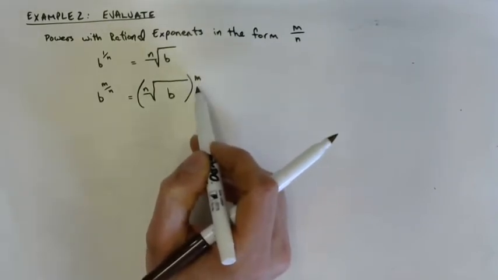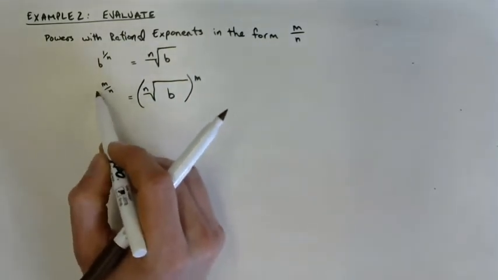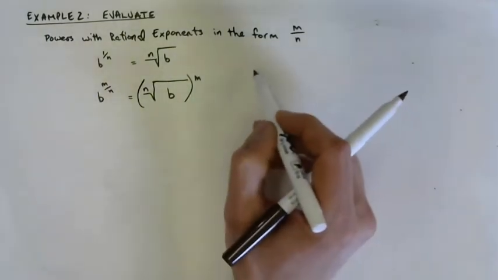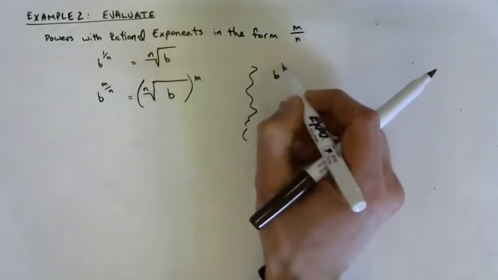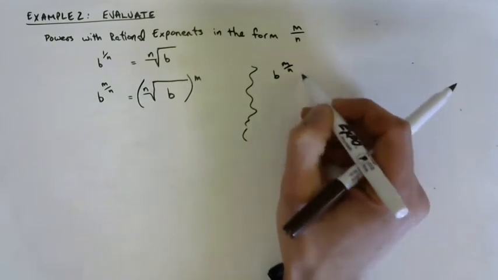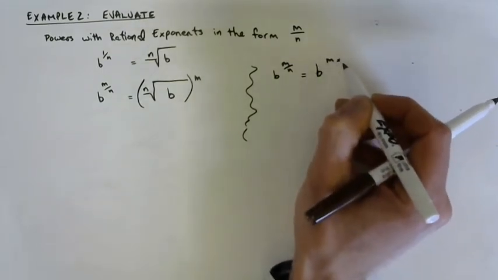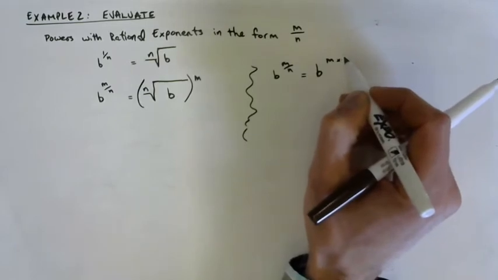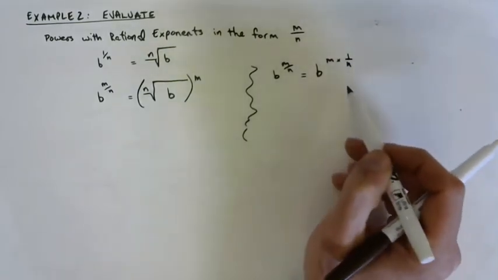Okay? How does this make sense? Well, you can split this up. We could use our laws. This is kind of off to the side thinking, which we're going to work through with an example. But b to the power of m over n is the same as b to the power of m times 1 over n. Okay?